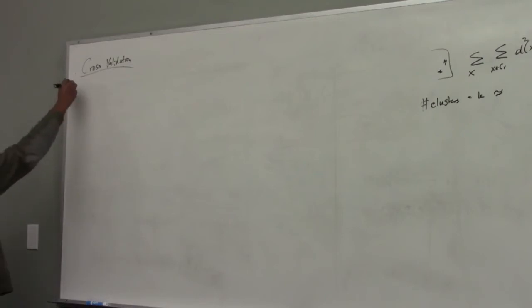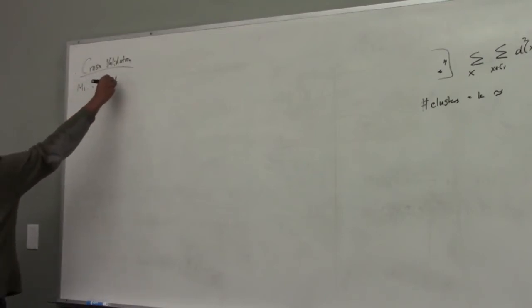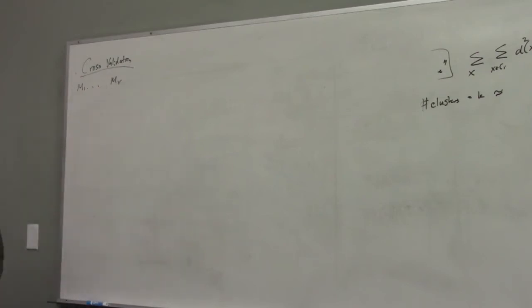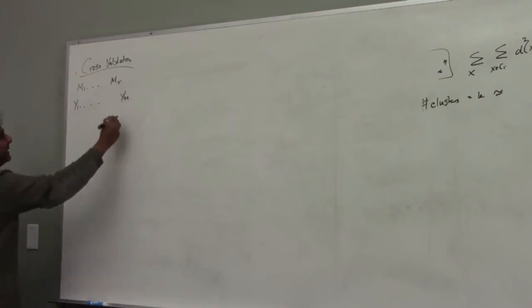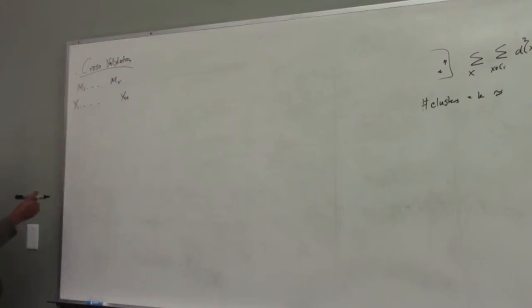Again, the idea is you have a bunch of models, M1 through MR. Then what you do is, let's say your data comes in sets Y1 to Y2n. Randomly separate them into two halves.